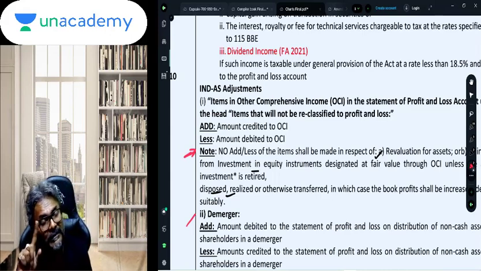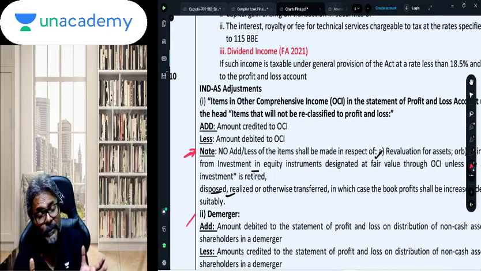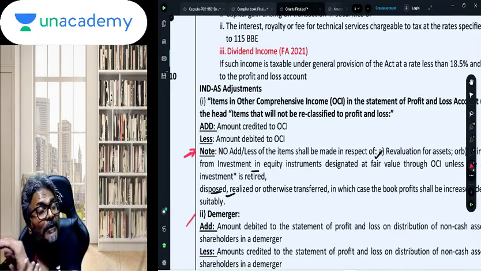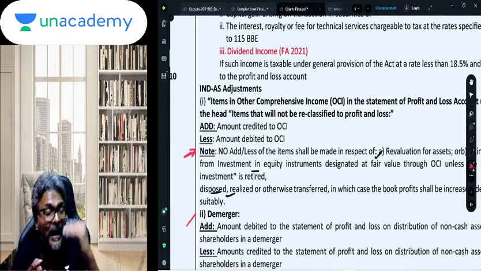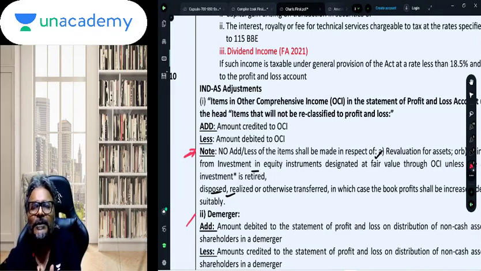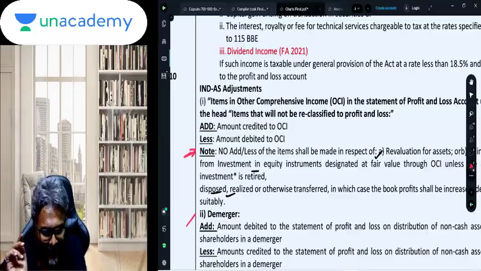Because what has been given is only the book profit. So whatever else is there in the book profit computation except for the Ind AS concept has already been captured. And now by giving you the Ind AS data, they only want to focus your thoughts on that Ind AS data. So just keep that particular point in mind.